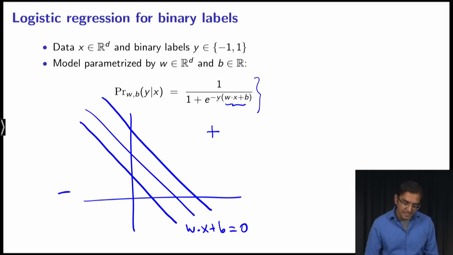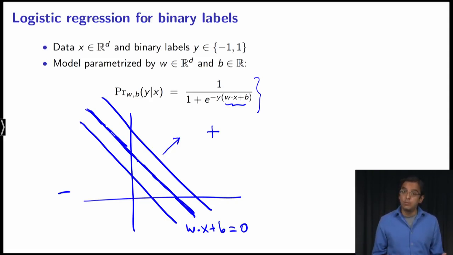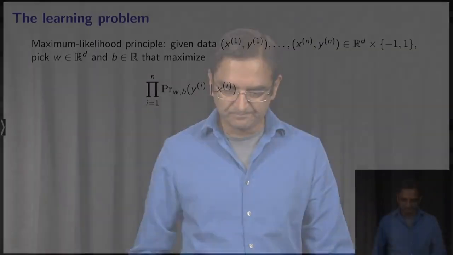And so this central hyperplane over here, w dot x plus b equals 0, is the decision boundary. As one moves further in this direction, the probability of y being 1 increases, and in this direction, it decreases. So this is nice and intuitive. And the remaining question now is, how do we learn this linear function, this w and b, from data? So let's see how we do that.